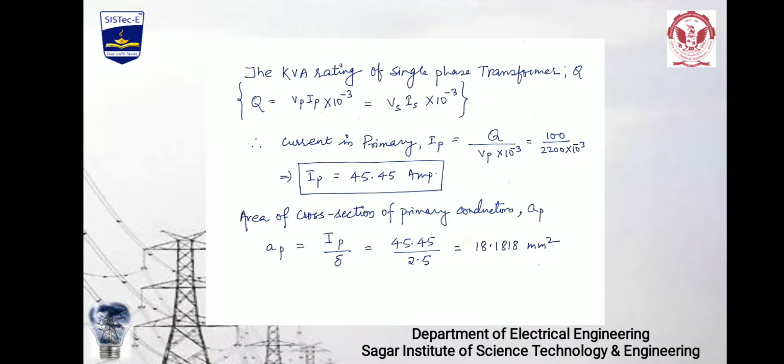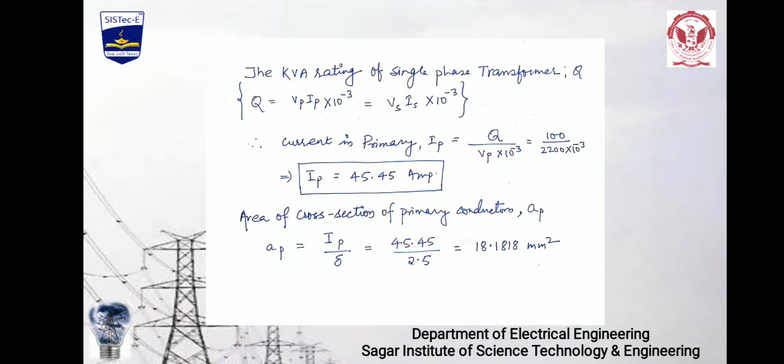The kVA rating of single phase transformer, represented by capital Q, is equal to Vp Ip into 10 raised to power minus 3, which is equal to Vs Is into 10 raised to power minus 3. Both equations are the same, one from the primary side and one from the secondary side. Now the current on the primary side Ip is equal to Q upon Vp into 10 raised to power minus 3.